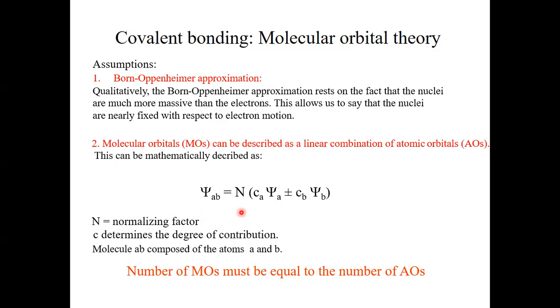In molecular orbital theory, the number of molecular orbitals must always equal the number of atomic orbitals. When we have two atomic orbitals that we combine, we must therefore get two molecular orbitals. One refers to the vectorial addition of the two atomic orbitals, and one refers to the vectorial subtraction of the two atomic orbitals.